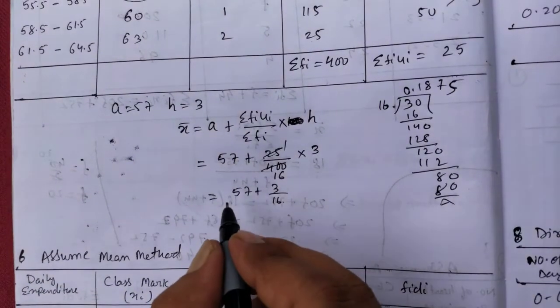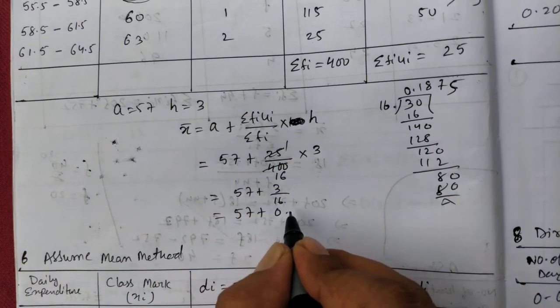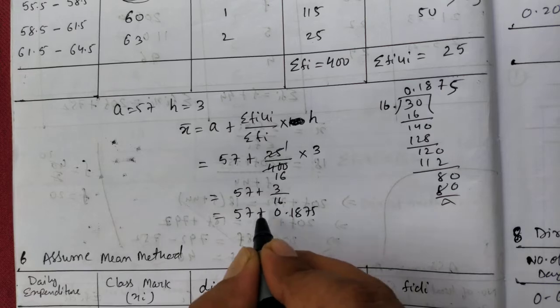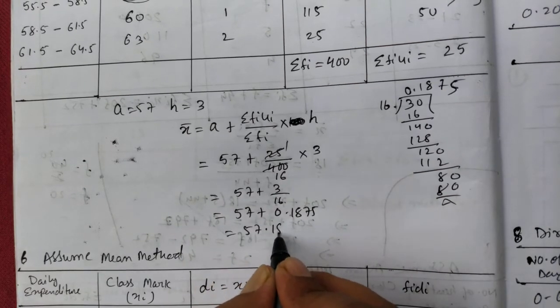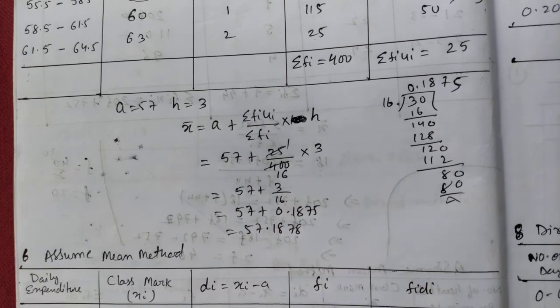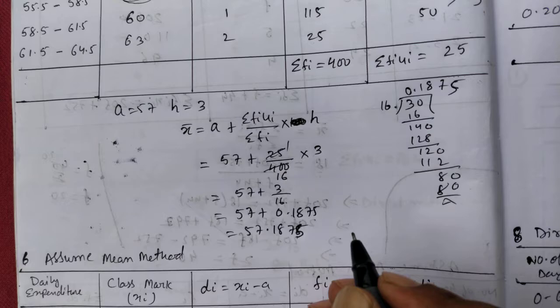So we are getting 57 plus 0.1875, and if you add this, you get 57.1875. This is your answer.